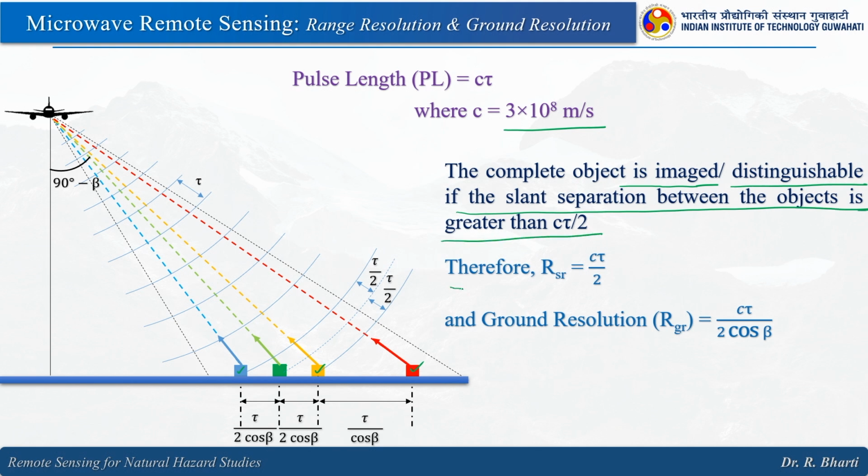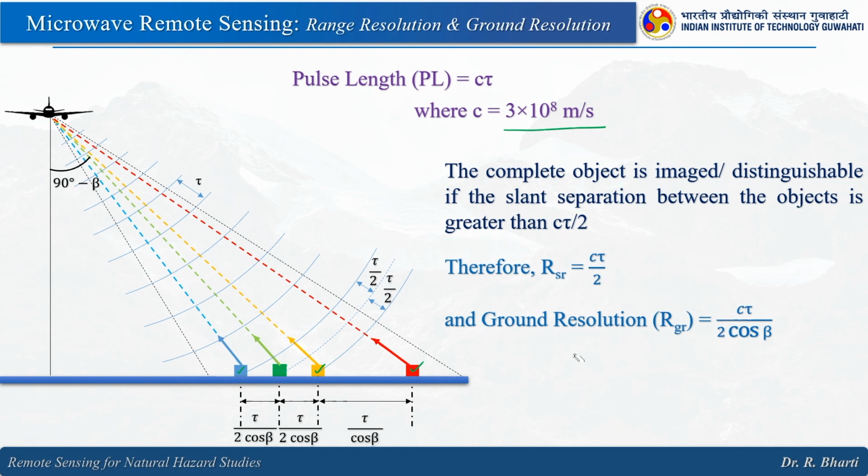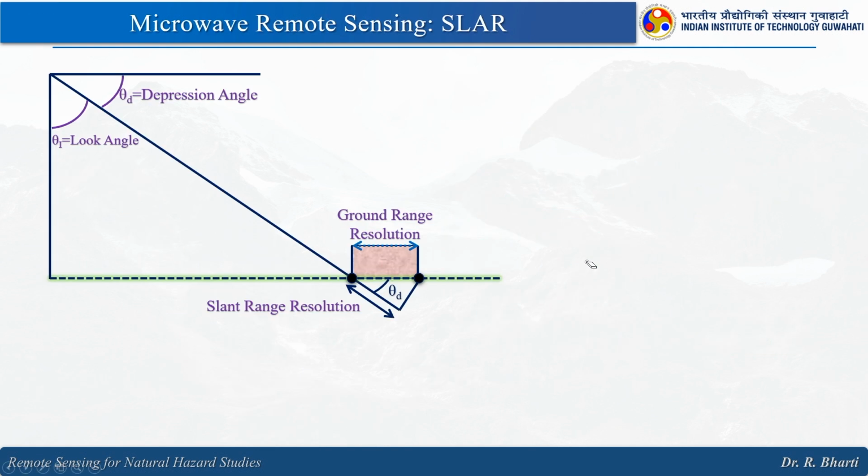Therefore, the slant range resolution RSR is CT by 2, and the ground range resolution RGR is CT by 2 cos beta. This is very important to identify what ground resolution or range resolution my sensor has.